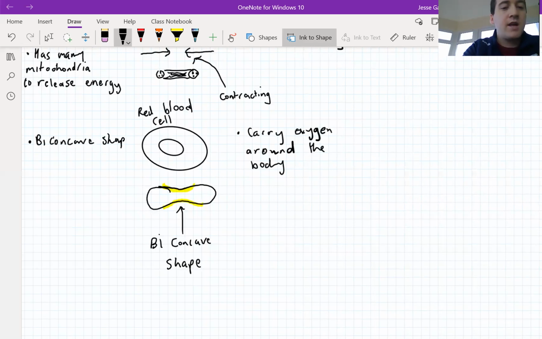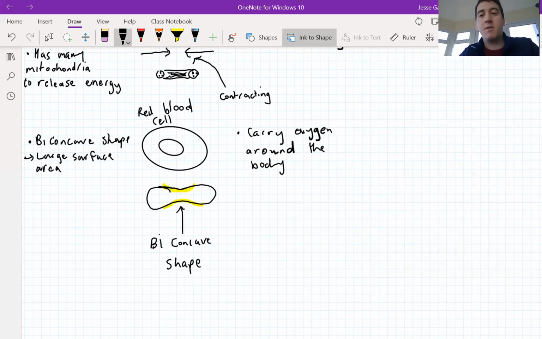What this biconcave shape does is it gives the cell a large surface area. And we've seen surface area before when we looked at chemical reactions. Large surface area in this case allows more oxygen to be carried by the cell. So large surface area means greater ability to carry oxygen.